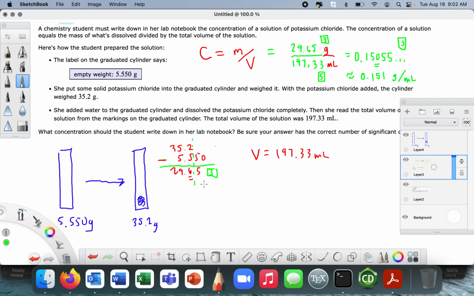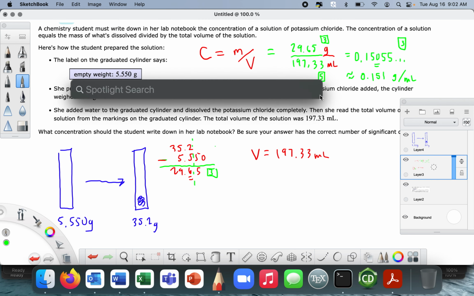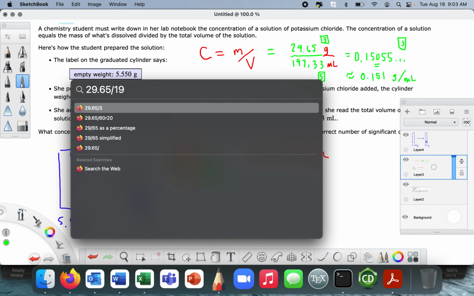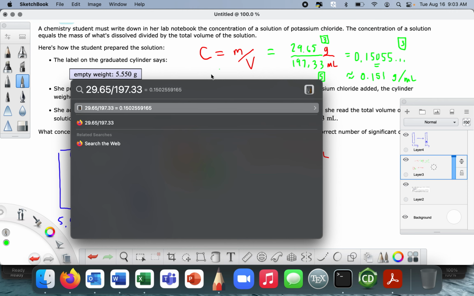All right. They're at 29.65. And then divided by that. Let's just check that number again. 29.65 divided by 197.33. 0.1. Oh, it's not 1.5. Look at that.